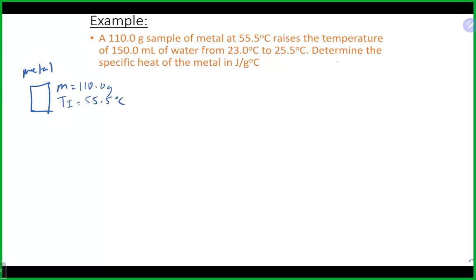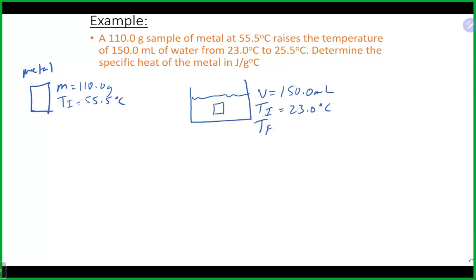We're going to put it into some water here, which has a volume of 150 milliliters. It has an initial temperature, before the metal goes for a swim, of 23 degrees Celsius. After we pop the metal in there, it will now have a 25.5 degrees Celsius temperature. And over here, we are looking for the specific heat capacity of the actual metal.